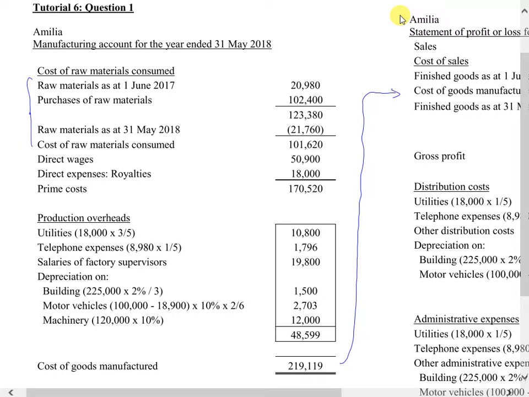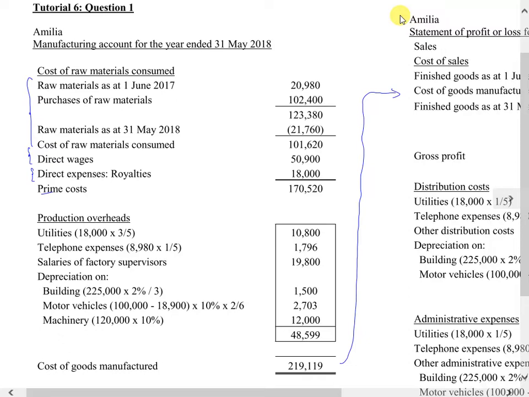Material, labor, overhead, prime cost. Production will be all this. So right at the bottom here, if we got WIP, opening less closing. Okay, opening WIP, closing WIP.